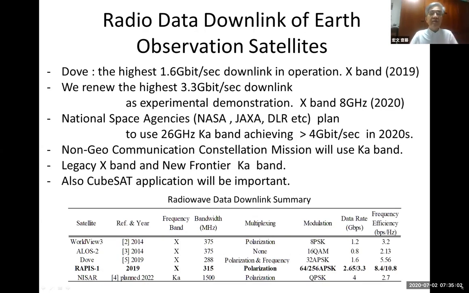This slide shows the recent radio data downlink of Earth observation satellite. So I show some table of the radio wave data downlink situation, and the large Earth observation satellite has the capability of 1 gigabps or something like that in X band.